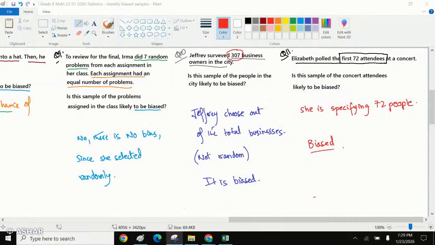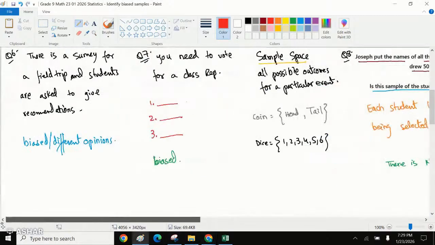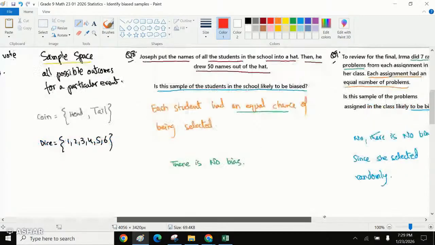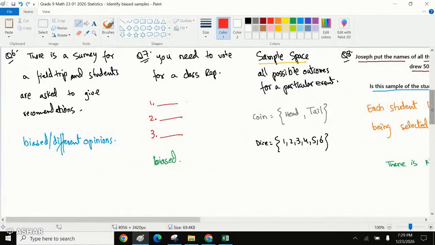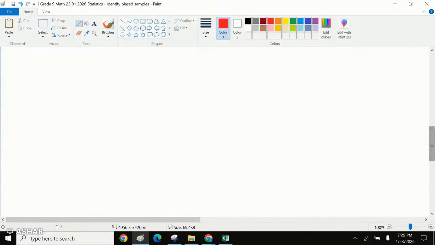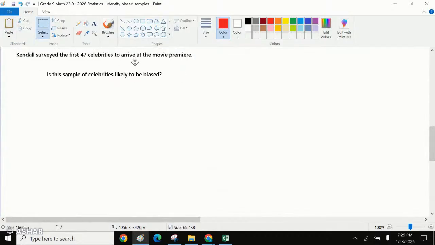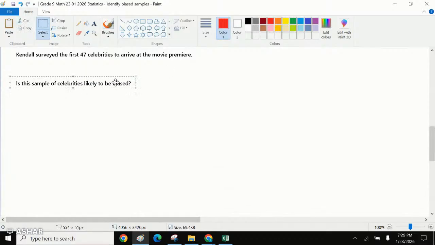Very similar question, the next one. The next question says Kendall surveyed. Let me just copy this. Question number 11, and this would be question number 12. So Kendall surveyed people at the movie premiere.